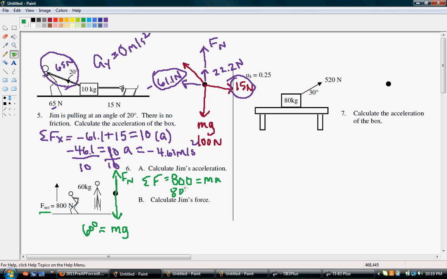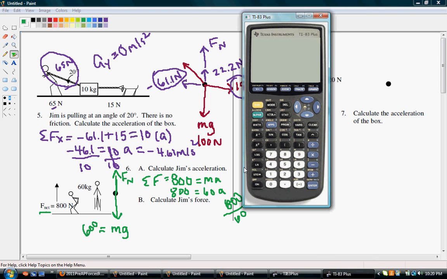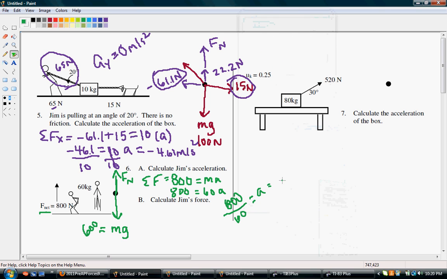So 800 is going to equal 60 times a. So if we divide 800 by 60, we get an acceleration of 13.3 meters per second squared.